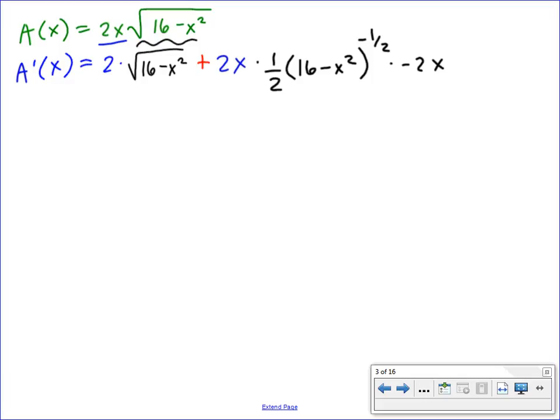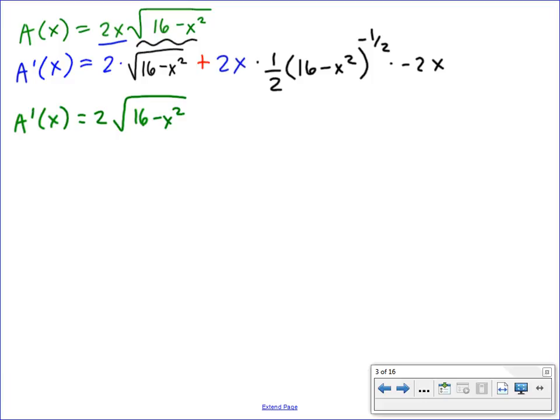All right, let's go ahead and simplify and rewrite so that we can try and utilize my first derivative test or my second derivative test or my closed derivative one. So here we go. I'm going to go ahead and leave that as 2 root 16 minus x squared. But I'll go ahead and simplify a little bit here.